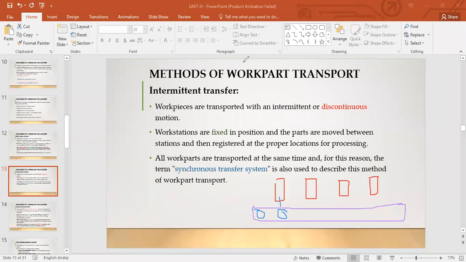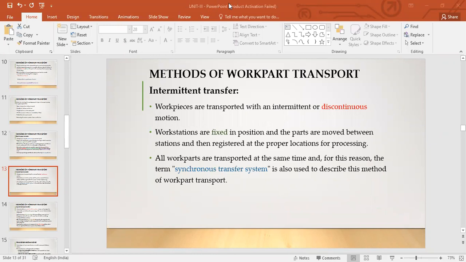So that's why you have this synchronous transfer system. Clear, right? So that's your intermittent transfer.